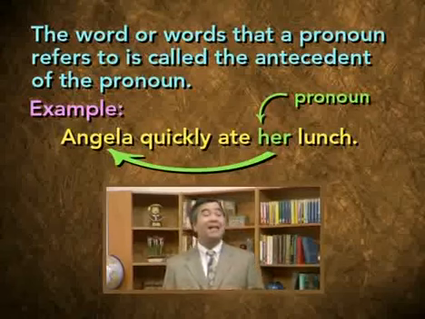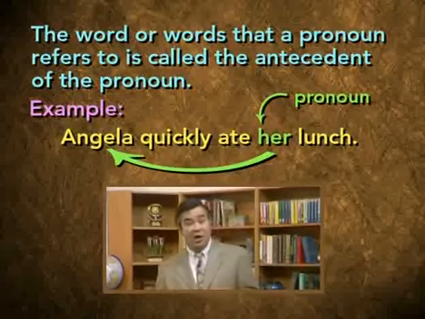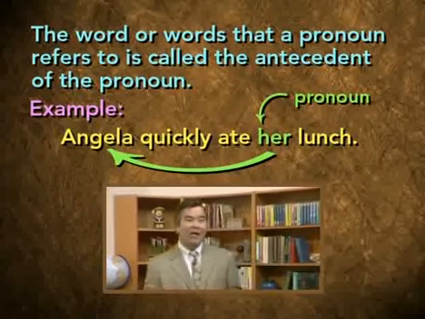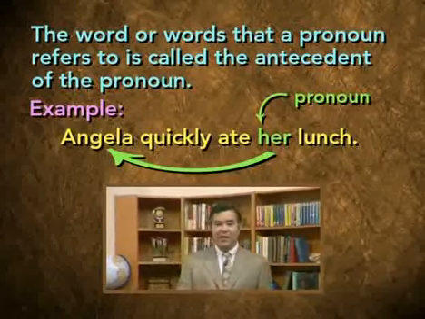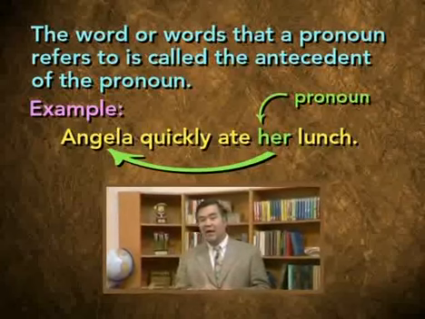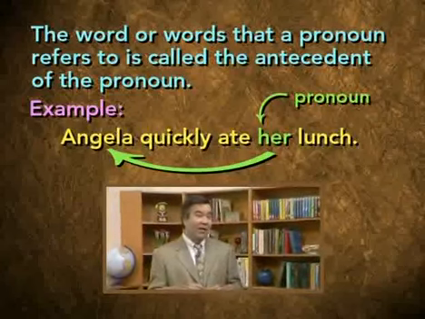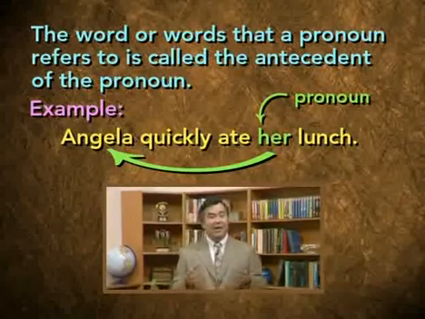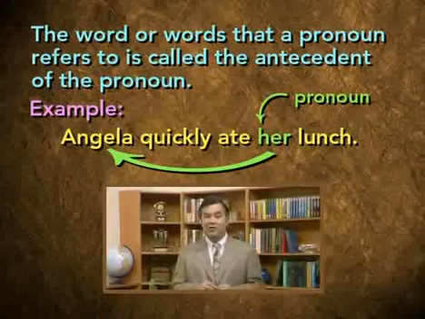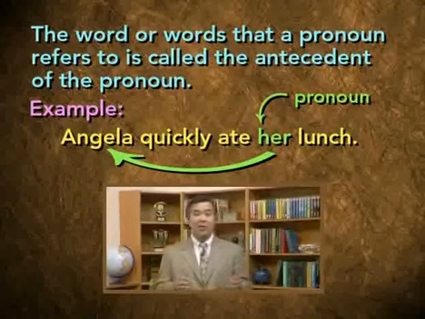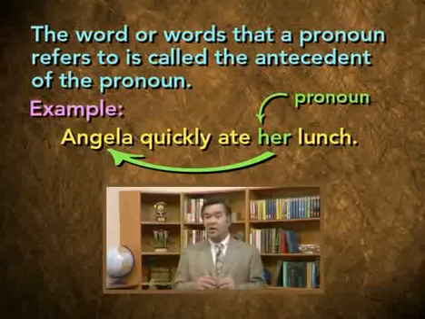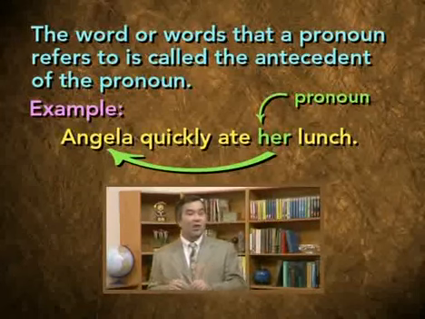That means that the antecedent of the pronoun her is Angela. Angela is the noun to which the pronoun her refers. And you'll notice that the two match in the following way. Is Angela a male or a female? Well, in English-speaking countries, the name Angela is normally used for a female, a woman, or a girl. And that's why the pronoun her has been used, because the pronoun her is also female.